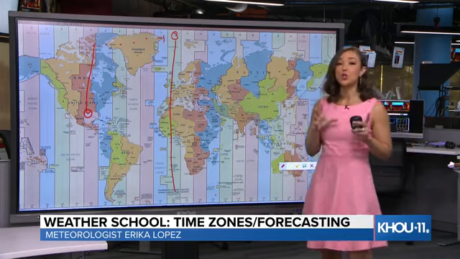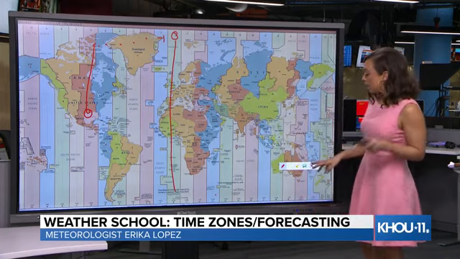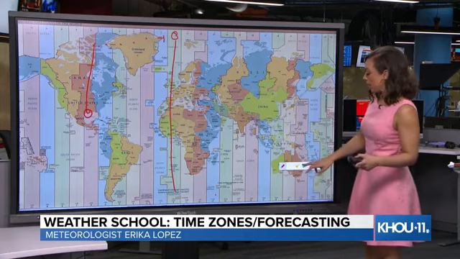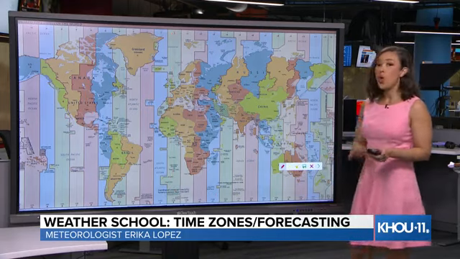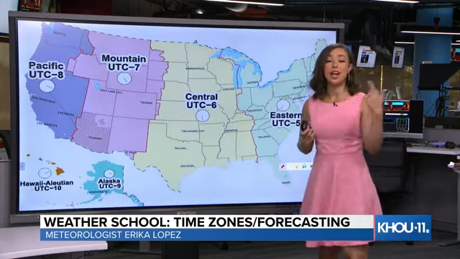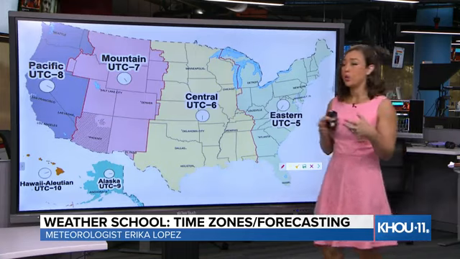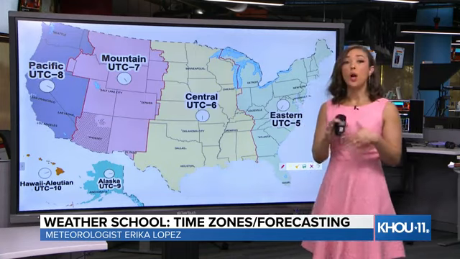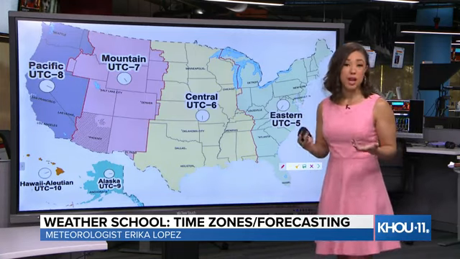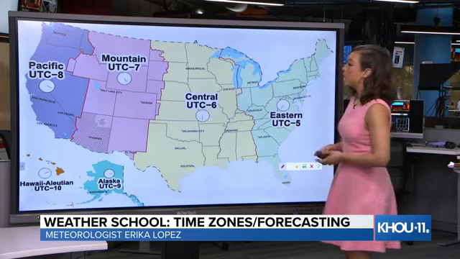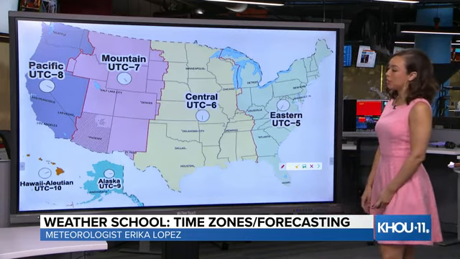We are in the Central time zone, and every time zone has a name. It's very important to know the name of your time zone, where you live, especially if you're a meteorologist or wherever you're forecasting for, because that's going to help you translate into the exact timing of what computer models are saying of some type of severe weather that could be in your area. So I'm going to break down the different time zones here in the United States.